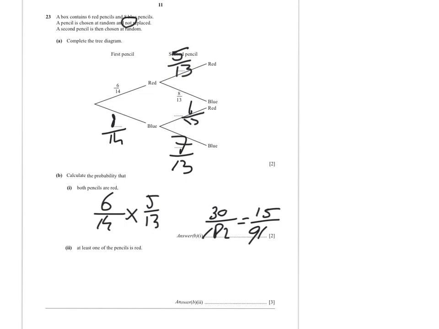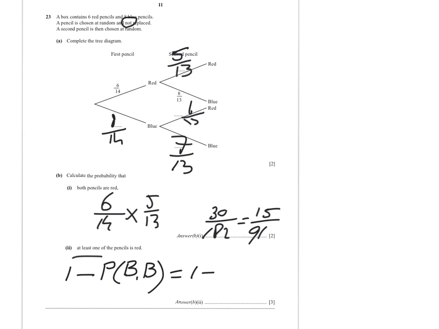Then the last one, at least one of the pencils is red, and whenever you see or read at least, some alarm bells should go off. One of the pencils is red, so that could be red, red, red, blue, blue, red. So the only one that is not allowed is blue, blue. So how do you calculate this? The easiest way is to do 1 minus the chance of a blue one followed by a blue one, because that is the only branch of the tree diagram that is not allowed.